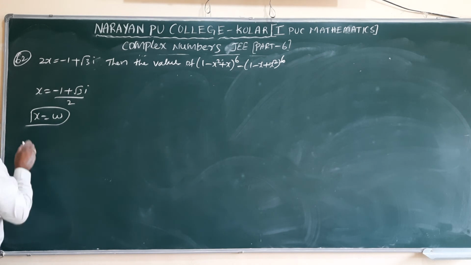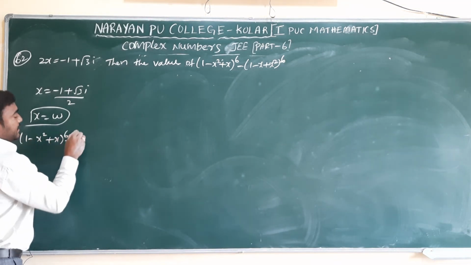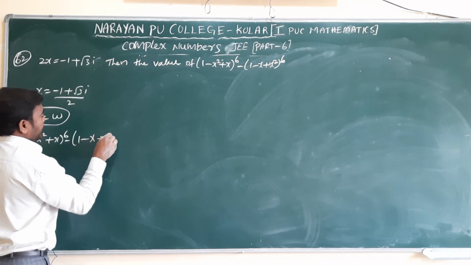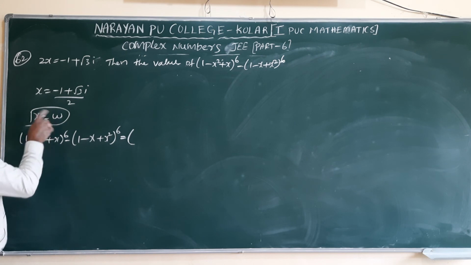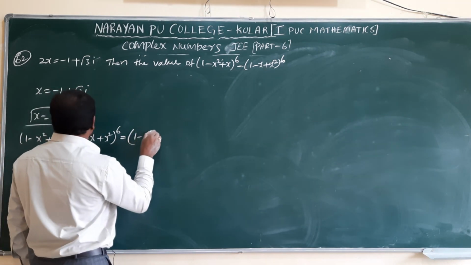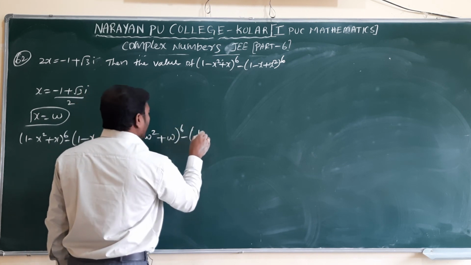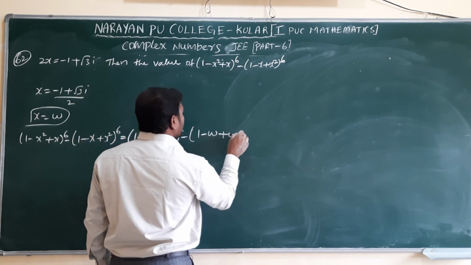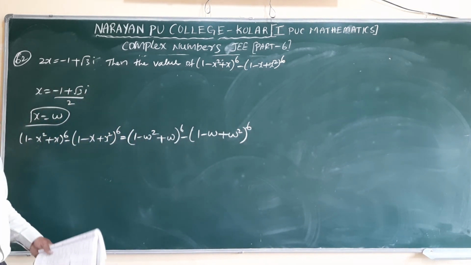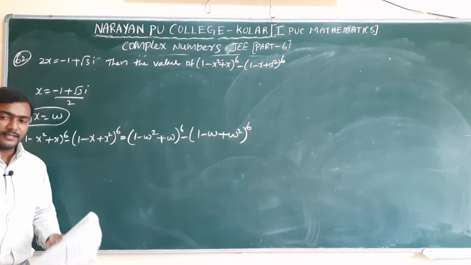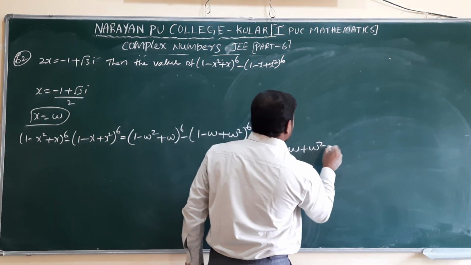Now the value should be (1 minus x square plus x) whole power 6 minus (1 minus x plus x square) whole power 6, which is equal to (1 minus omega square plus omega) whole power 6 minus (1 minus omega plus omega square) whole power 6. Already we know that the value of 1 plus omega plus omega square is equal to 0.